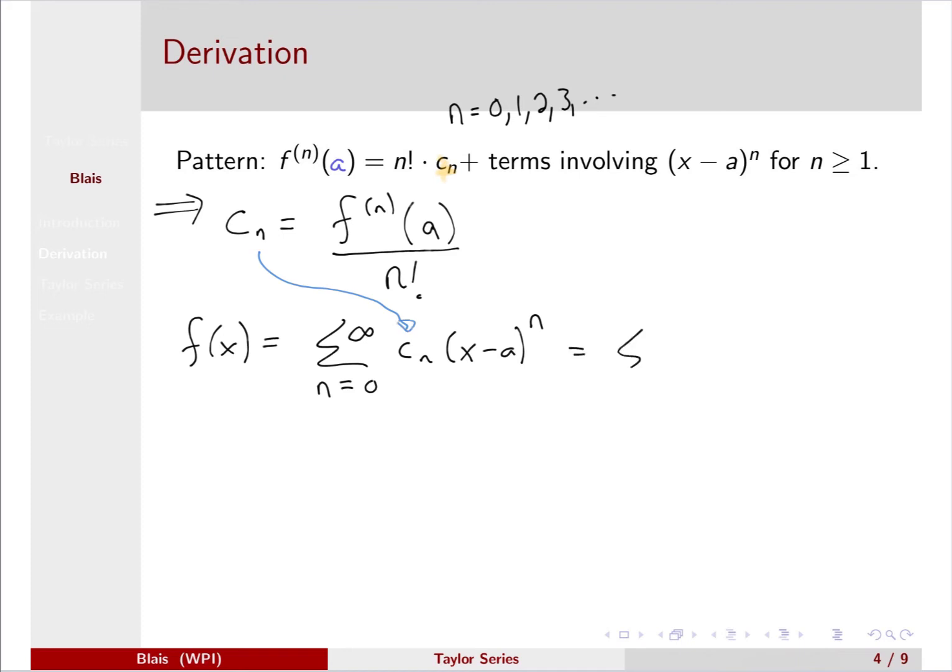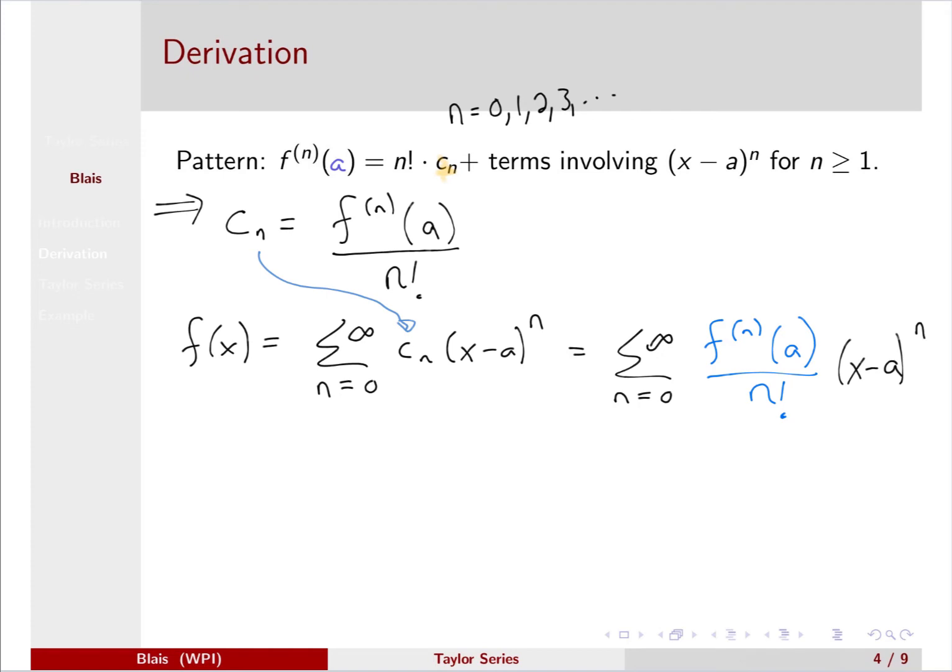And we get sum n going from 0 to infinity of the nth derivative of f evaluated at a over n factorial times the quantity x minus a to the n.